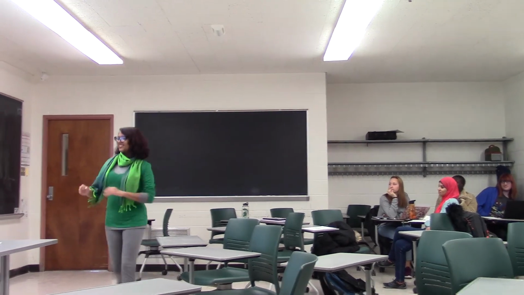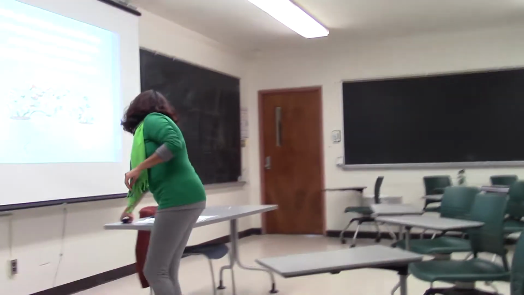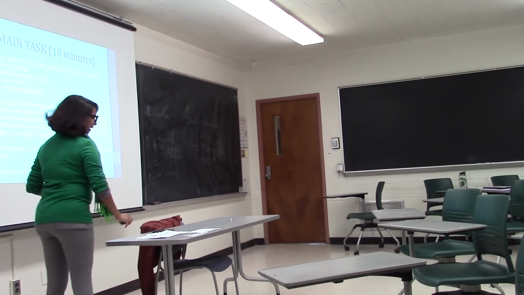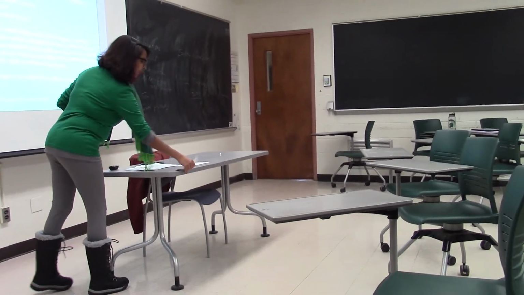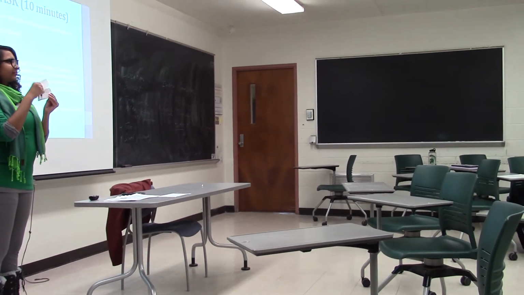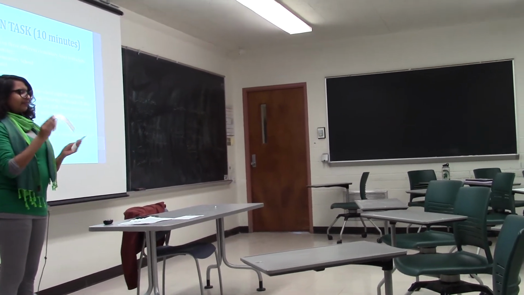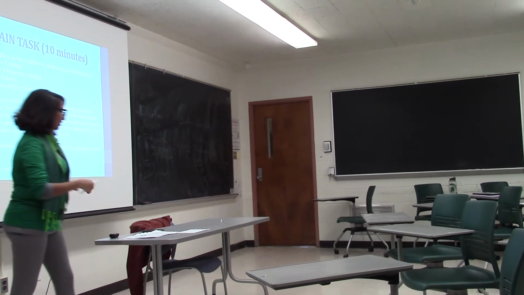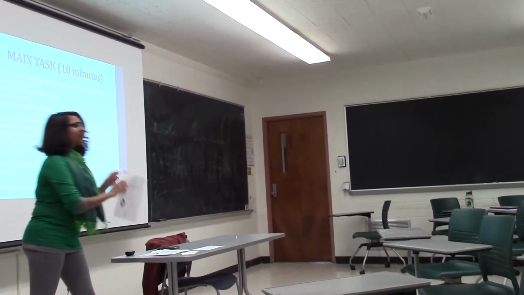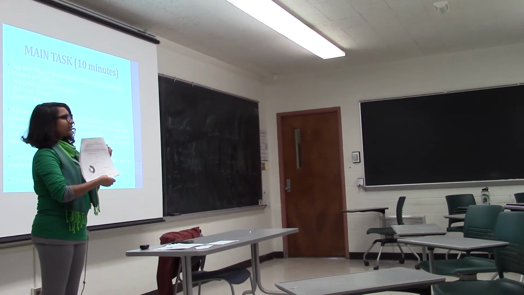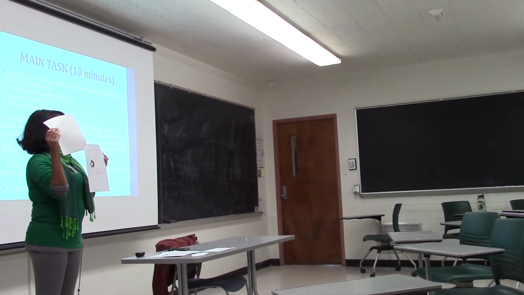So moving on to our next task, we are actually going to adopt a child. Okay? So you all have a child, and you're going to try and find the perfect school for that child based on the information that I found on the website. Okay?